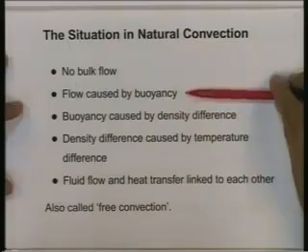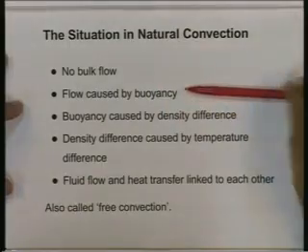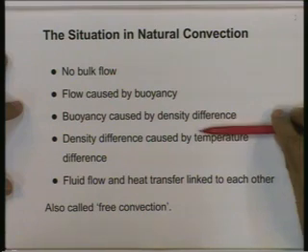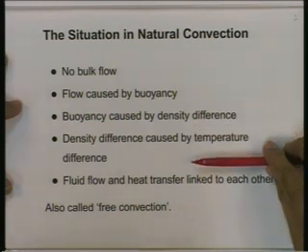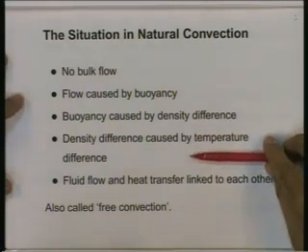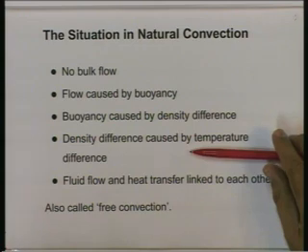So, in short, the situation in natural convection is that there is no bulk flow. Whatever flow is caused is due to buoyancy. The buoyancy in turn is caused by a density difference, and the density difference in turn is caused by the temperature difference between a surface and the fluid surrounding that surface.